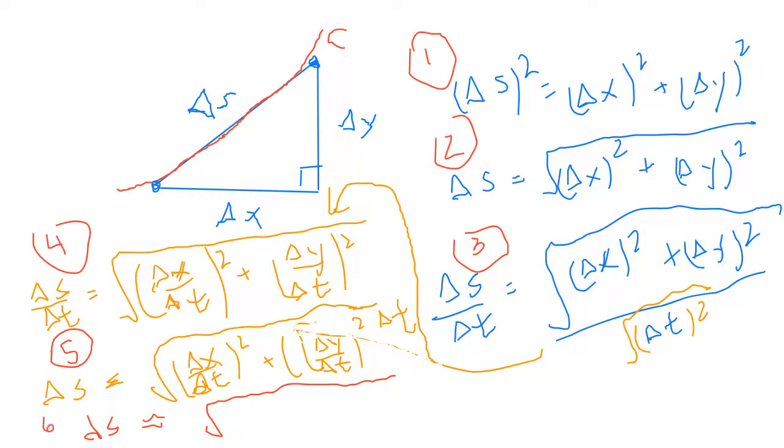This is our final step, step 6. ds is approximately equal to something squared plus something squared, and then something. What would it be?